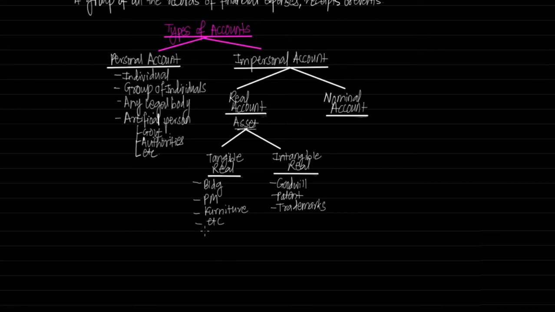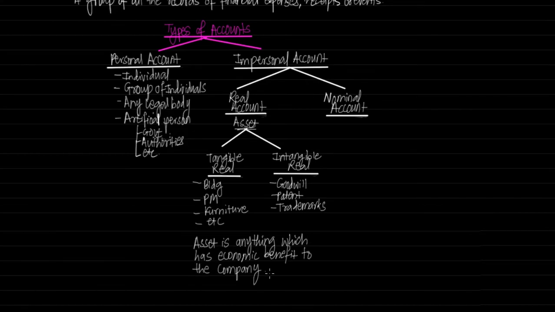So what is an asset? An asset is anything which has economic benefit to the company. Anything which can generate cash, revenue or any other benefit in any kind to a company is an asset to the company. Further, nominal account. A nominal account contains all expenses and losses, all incomes and gains.